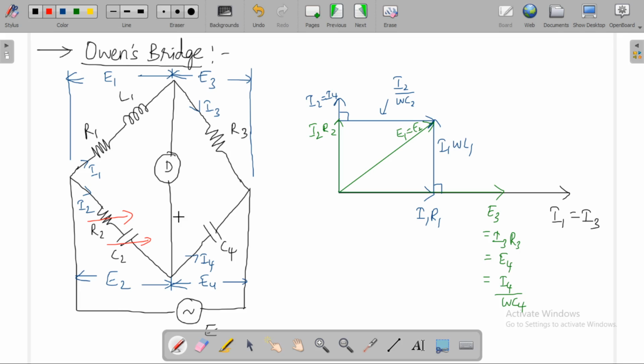Now E is the phasor sum of E1 and E3, or the phasor sum of E2 and E4.